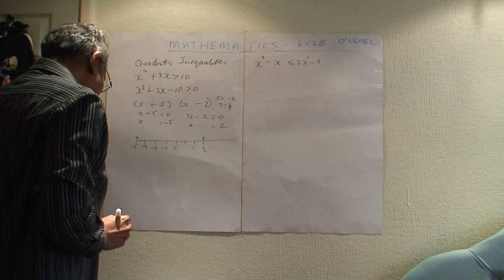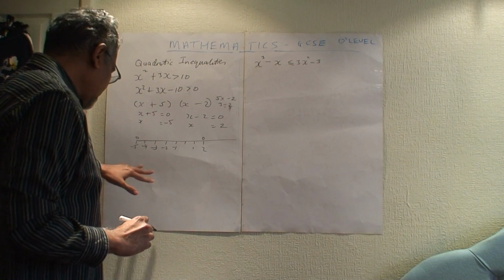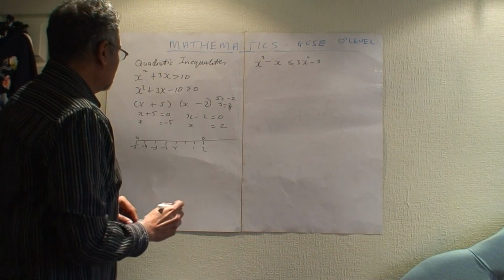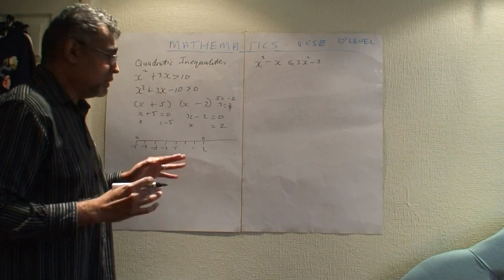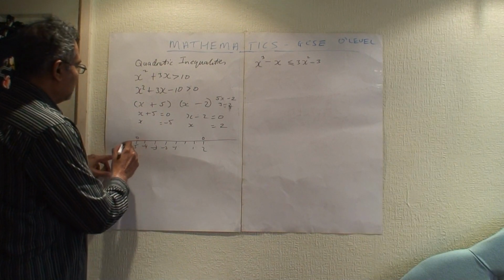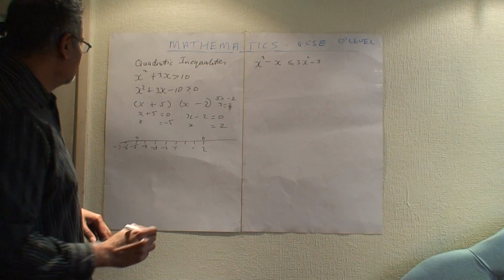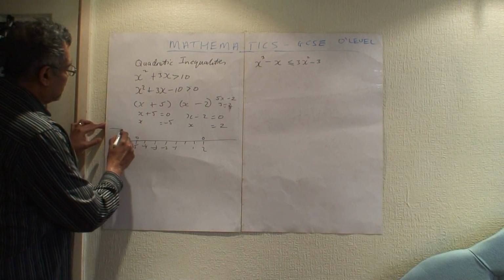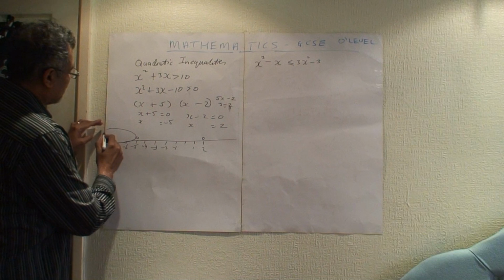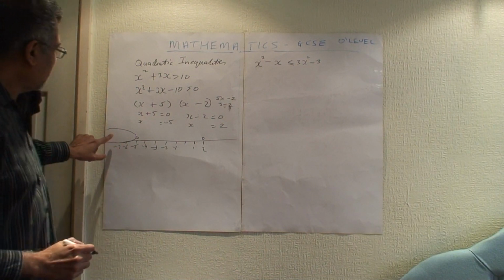Now we need to find out which region is positive or negative. We have 3 regions. The first region is here, going to minus infinity.